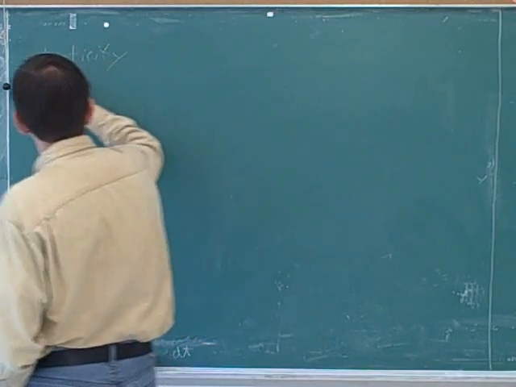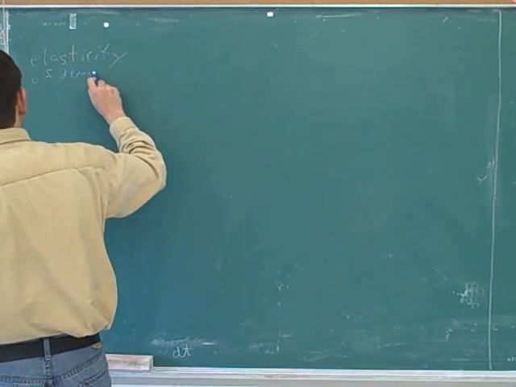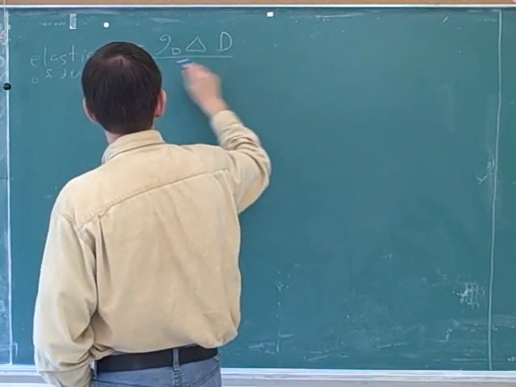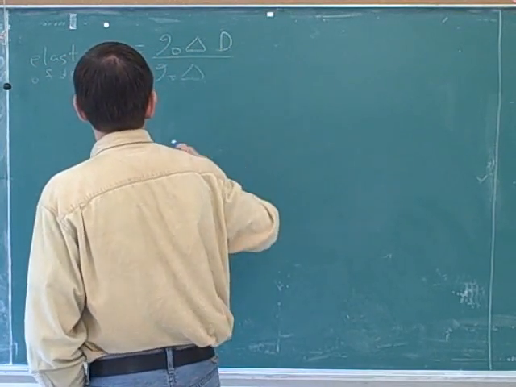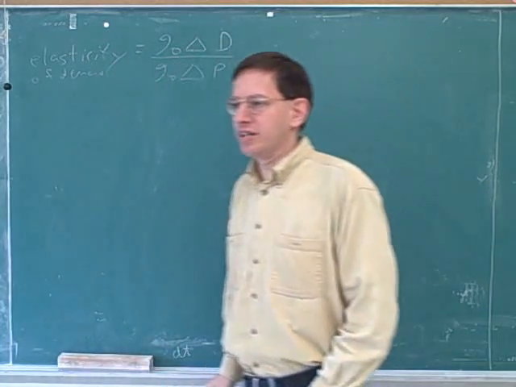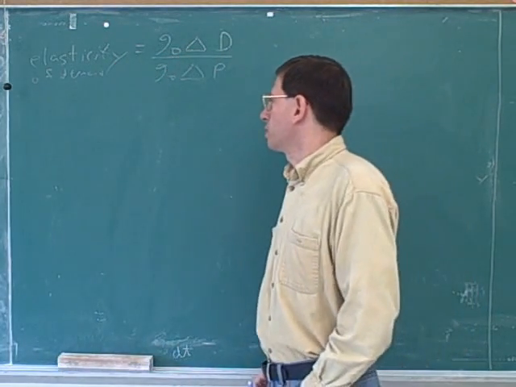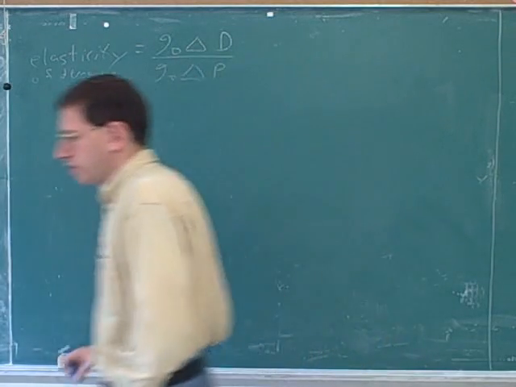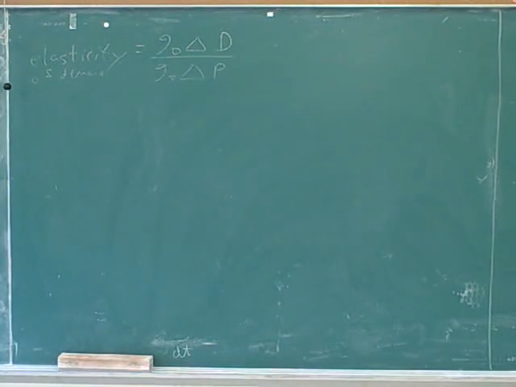So the elasticity of demand is the percentage change in the demand divided by the percentage change in the price. Whereas before we would just have been focusing on the change in the independent variable.